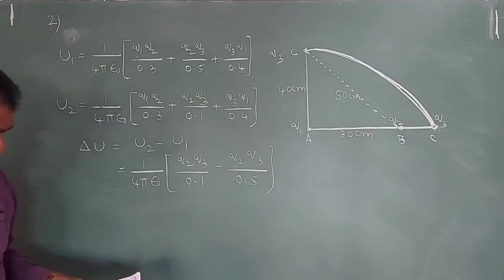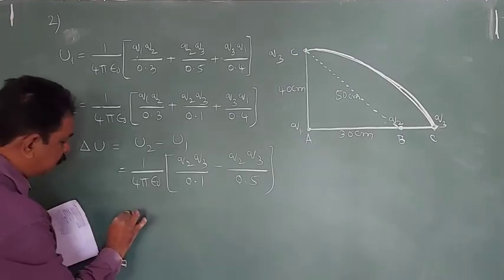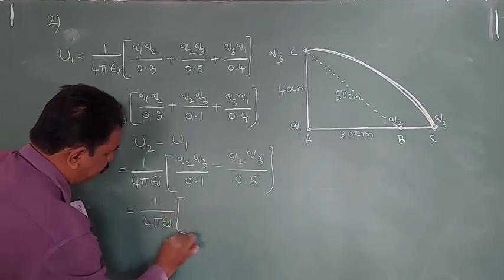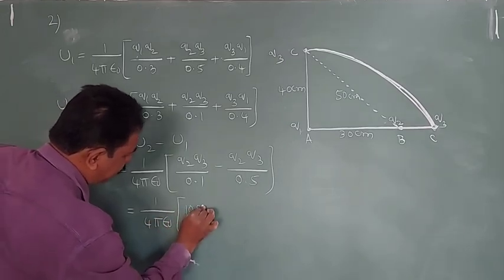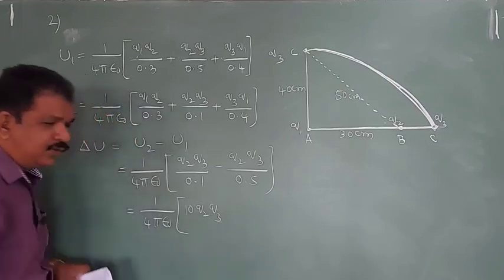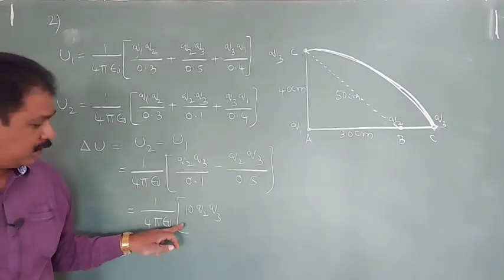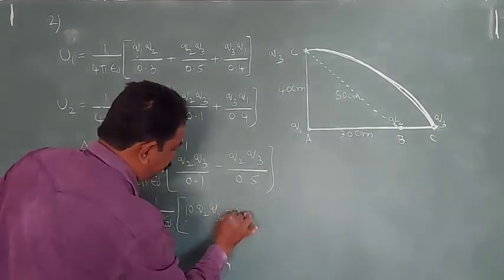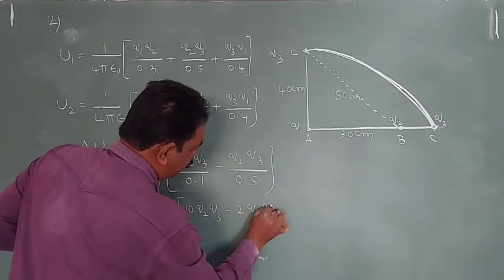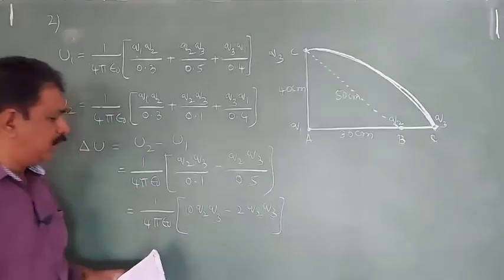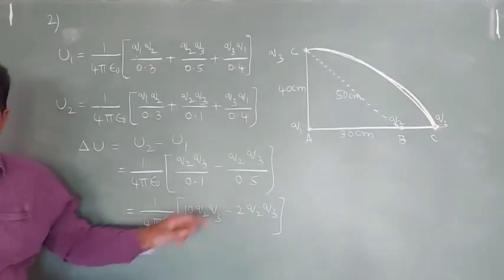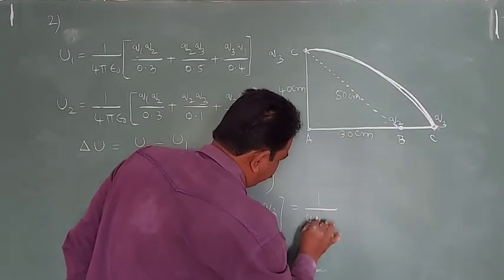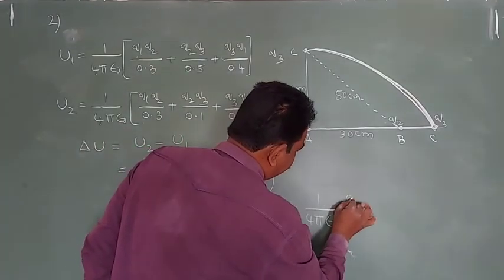Okay. So this is 1 by 4 pi epsilon naught. This is 10 Q2 Q3, 0.1 by 0.1 means 10. Next, this value 1 by 0.5 means 2, 2 Q2 Q3. So this is 8 Q2 Q3. 1 by 4 pi epsilon naught.